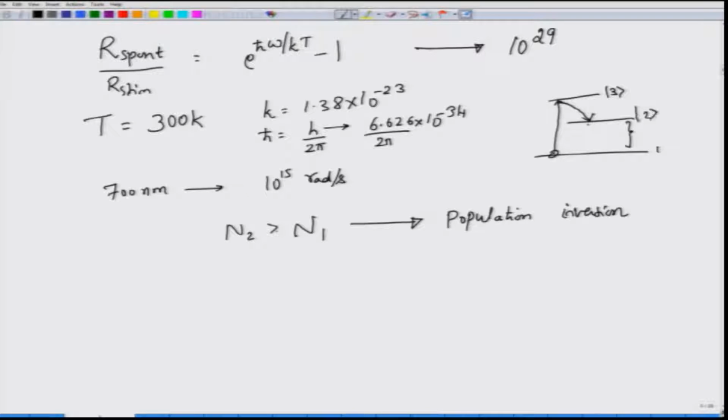This extra level 3 is needed to make this population inversion happen. But once it has happened, you can consider only these 2 levels and talk about a 2-level system. We will simply assume that population inversion has happened.